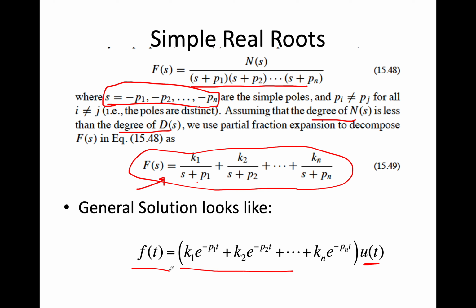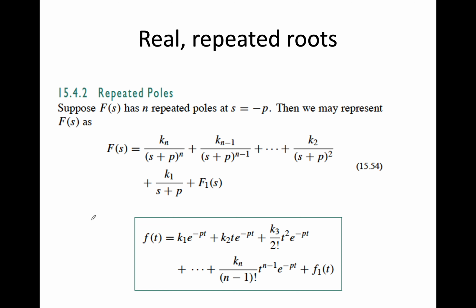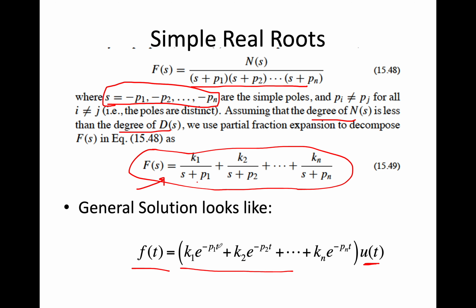So if I gave you something like a function s over s plus 2 times s plus 3, what kind of time response does it have? Your answer would be a sum of exponential decay functions with 2 different decay rates. Oh, and by the way, from this, the time constant tau 1 would be 1 over p1, tau 2 would be 1 over p2, and so on.